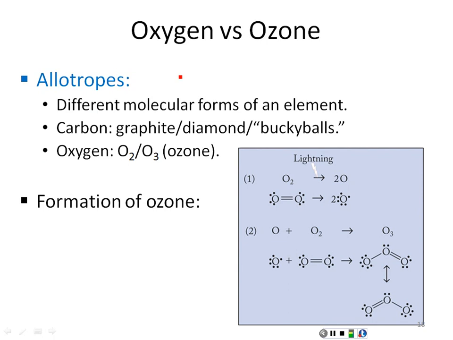So the element is oxygen, and the different forms would be ozone and molecular oxygen. Another example is with carbon. I think everyone has heard that graphite and diamond are both carbon. They have different molecular forms though, which is why they have different properties.